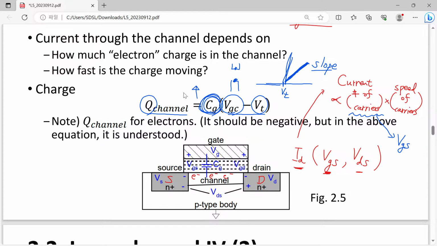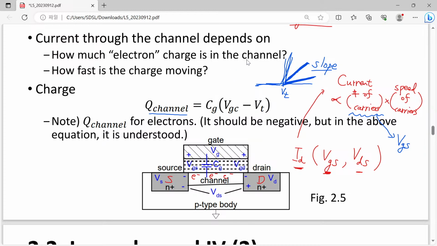If we have relatively low gate capacitance, then we will have a smoother transition, a more moderate increase of our inversion charge density. Which one is more preferred? Of course, the higher one is much more preferred.